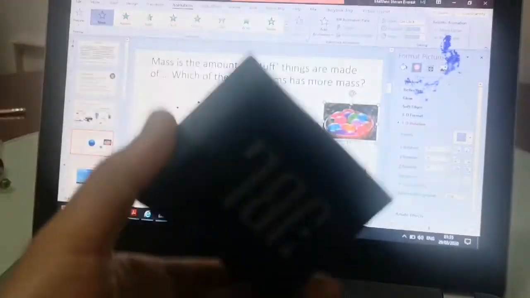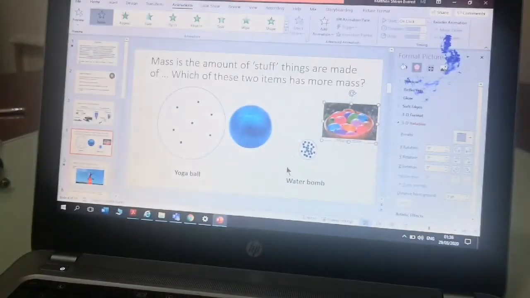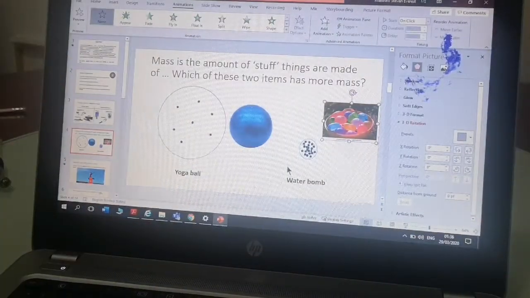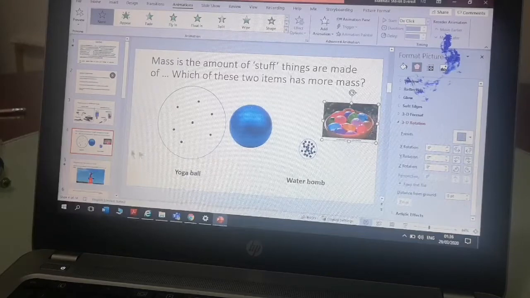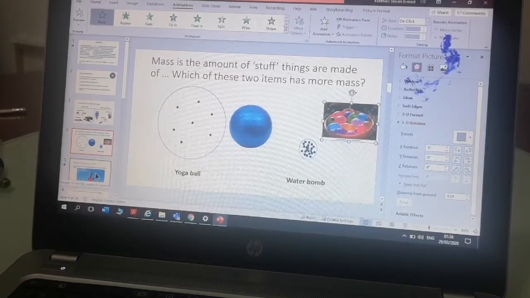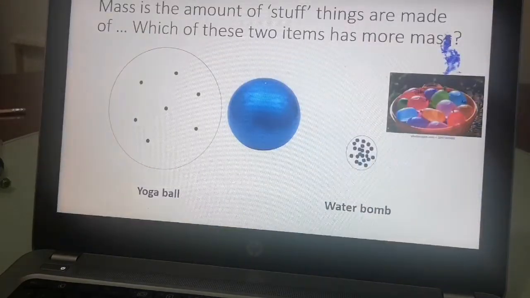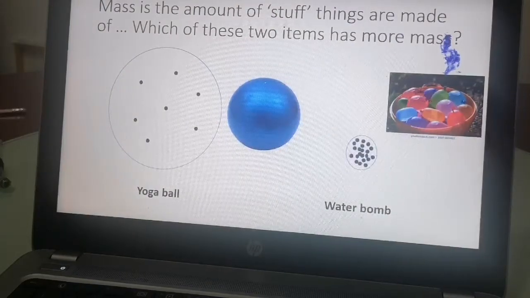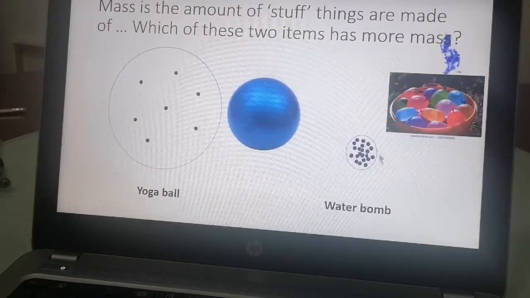The speaker is much smaller than the paper, but it's quite heavy. It's got a lot of stuff in here, so it has a bigger mass. This mass is maybe, I don't know, 500 grams. And this big piece of paper, it's maybe only, I don't know, 5 grams, 2 grams, nothing. So that's mass. That's the idea of mass. So when you say which one has more mass, you say the water bomb because it's made of more particles.